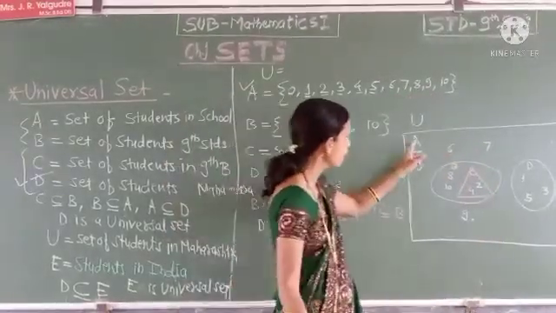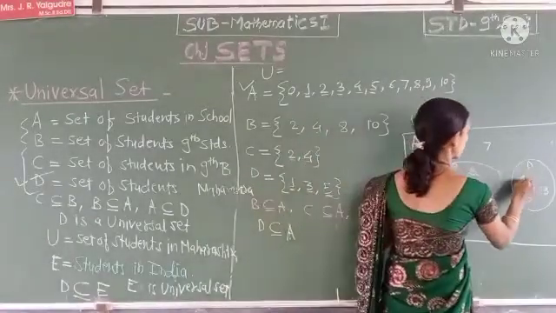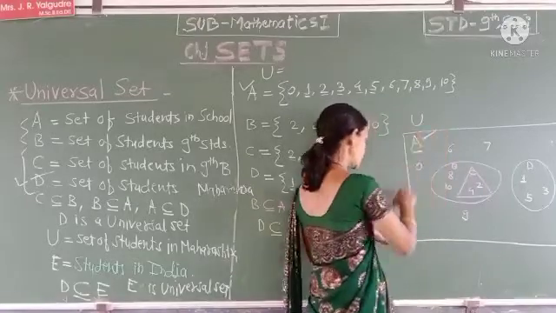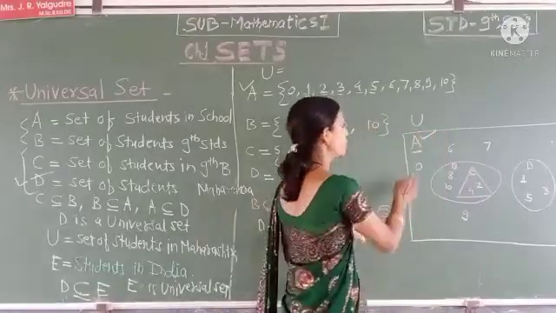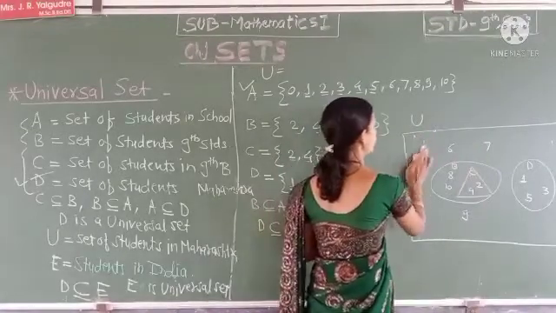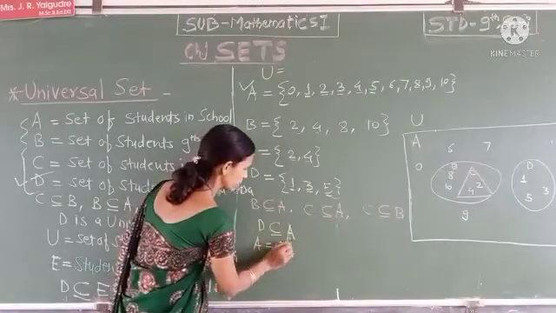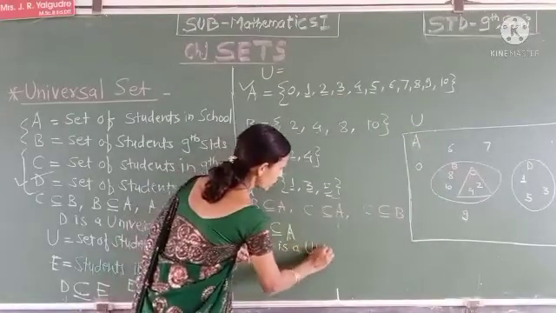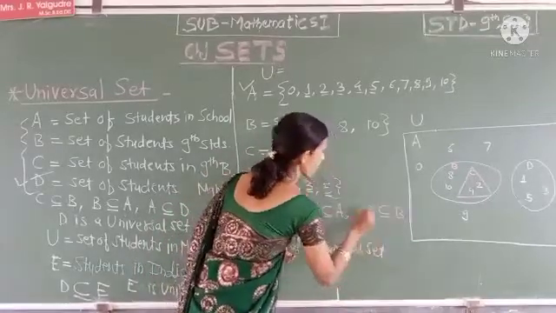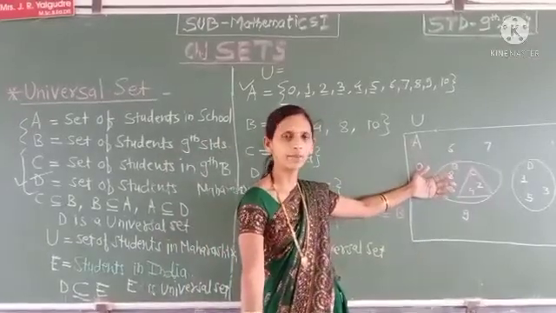See here, A is a set of all members that come in the set A. Therefore, set A is a universal set which is denoted by A, or it is denoted by U. Here A is a universal set, that is represented by a Venn diagram.